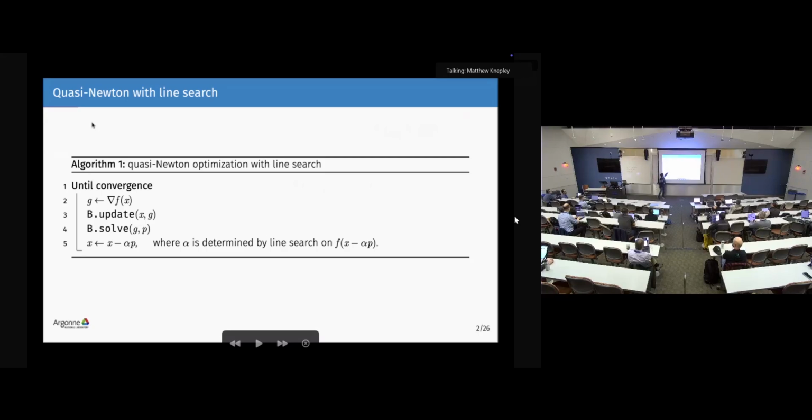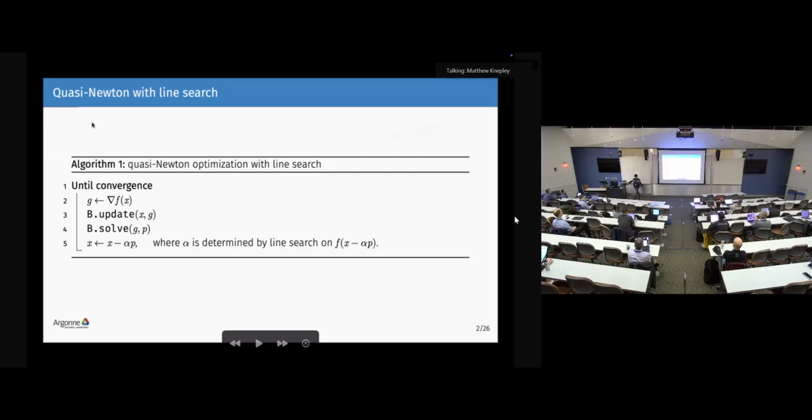You give G and get out P, then you somehow find this alpha, the step, by line search or whatever, and then you update your next iterate. So this is a canonical representation of a quasi-Newton method.